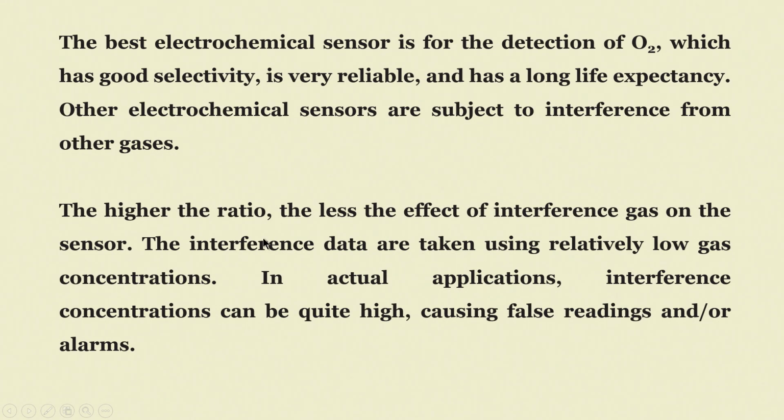The higher the ratio, the less is the effect of interference gas on the sensor. So, interference data are taken using relatively low gas concentrations only. In actual applications, they can be quite high, causing false readings or false alarms also.